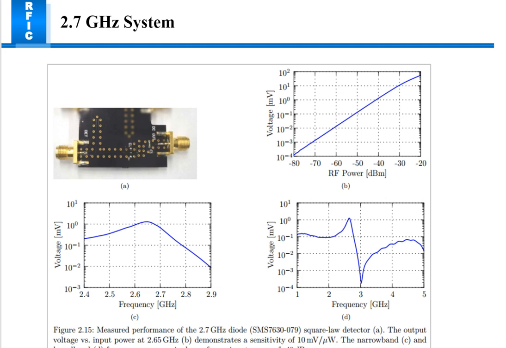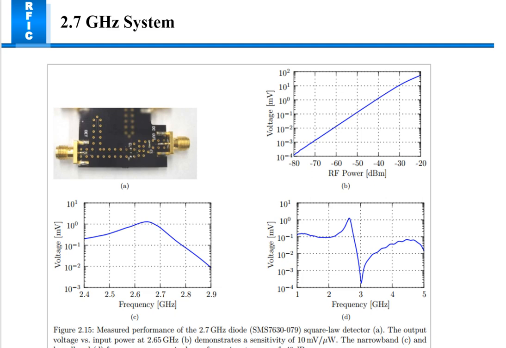And as you can see in this figure, this is the performance of the 2.7 gigahertz diode square law detector. In the first graph, you can see the output voltage versus input at 2.665 gigahertz, demonstrating a sensitivity of 10 milliwatt and narrow band.